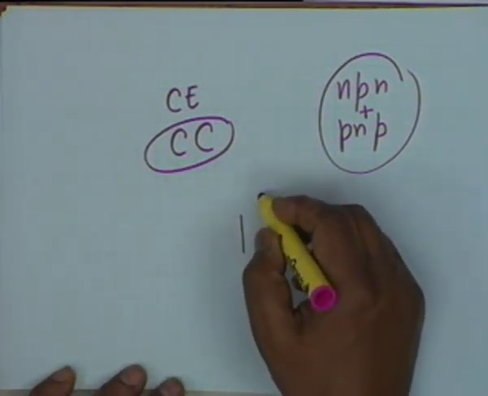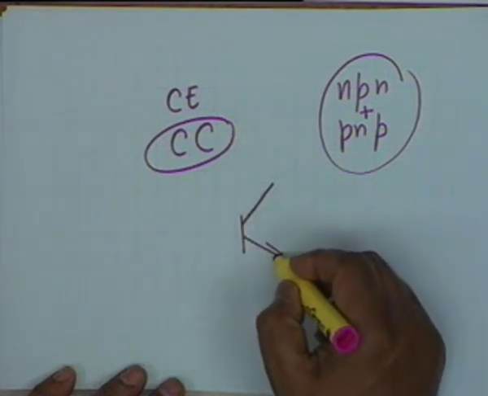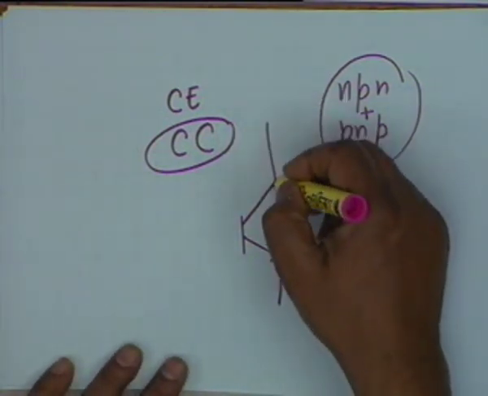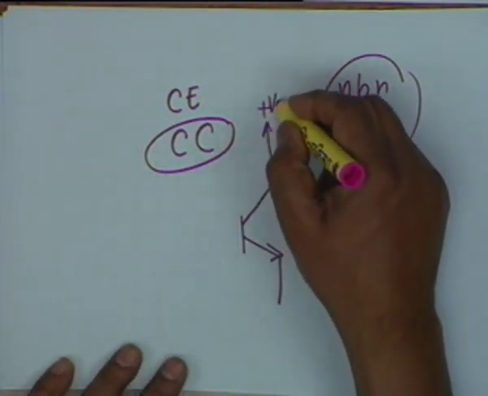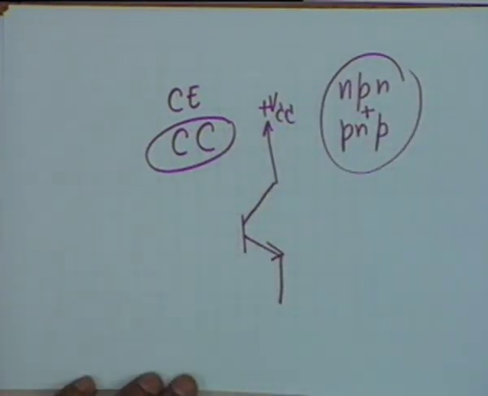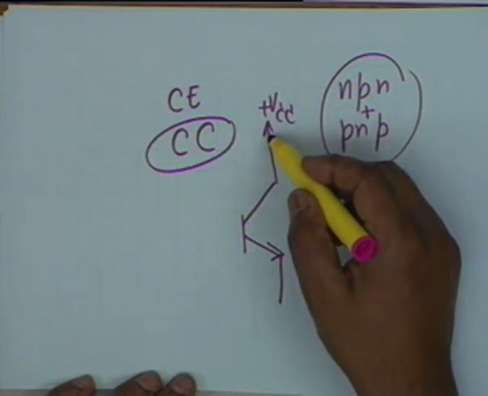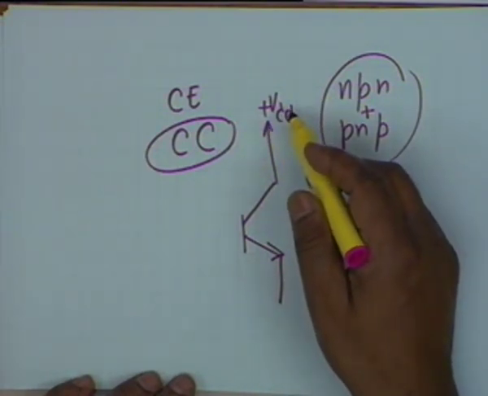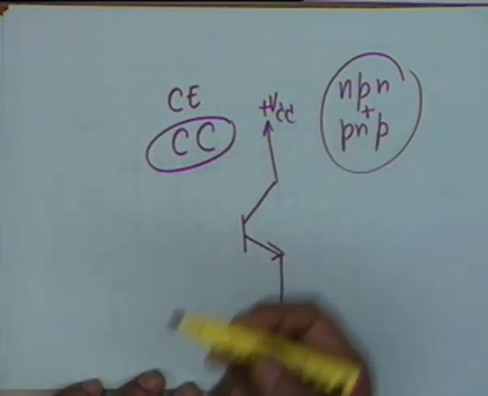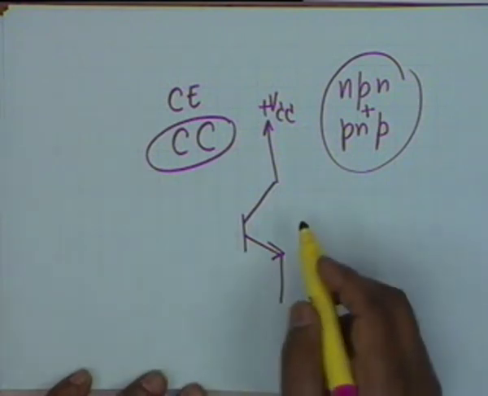While the actual circuit is like this. For each transistor, I am showing an NPN first, then I will show the PNP. The collector is connected directly to VCC. Then as far as AC is concerned, this collector is grounded. Agreed? As far as AC is concerned, collector is grounded, and this is why the name common collector.